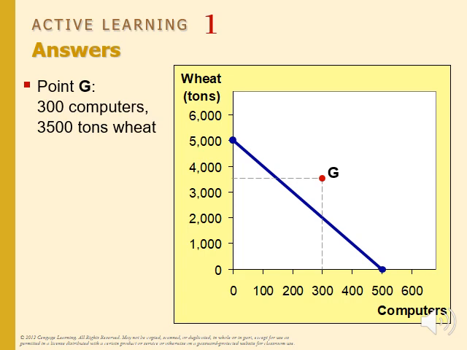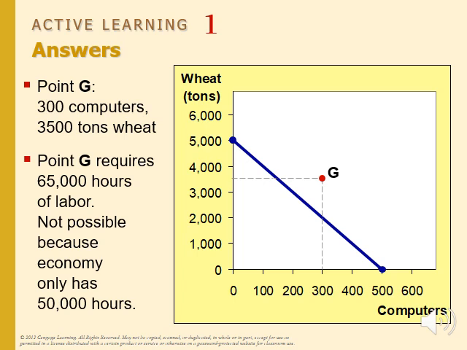It's not possible. We only have 50,000 hours of labor. Producing at point G would require 65,000 hours of labor. It is not possible, it is not feasible underneath the current resource constraints.